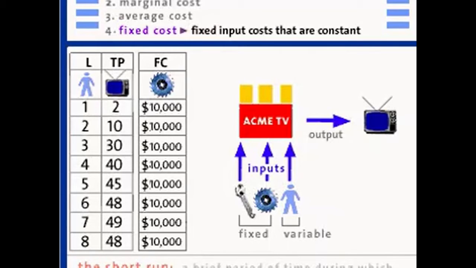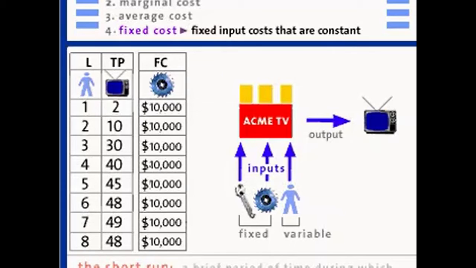They are fixed. However, the more television sets we produce, the more we can spread our fixed costs out over the individual television sets. If you only make 2 television sets, then the fixed cost per television is going to be $5,000. 10,000 divided by 2 is $5,000.